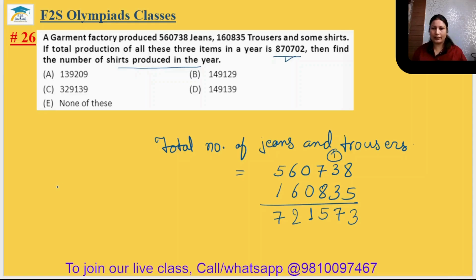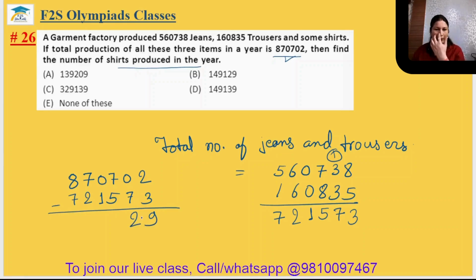And to find the number of shirts, we will just subtract it from this one. 702, so 375. 12 minus 3, 9. 9 minus 7, 2. Sorry, 12 minus 3, 9. 9 minus 7, 2.